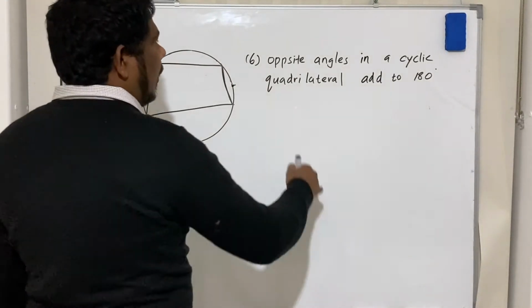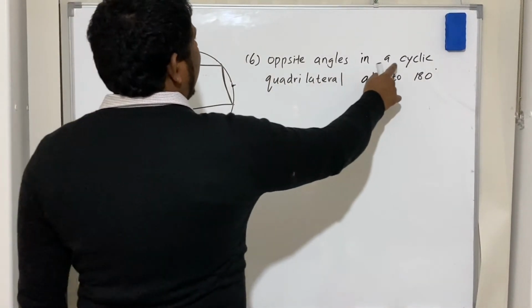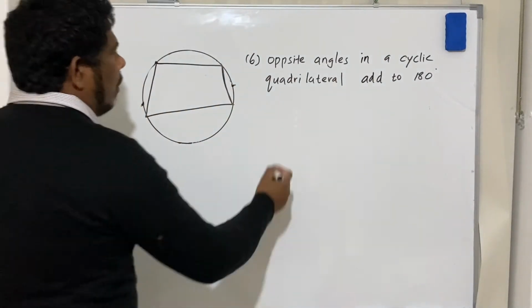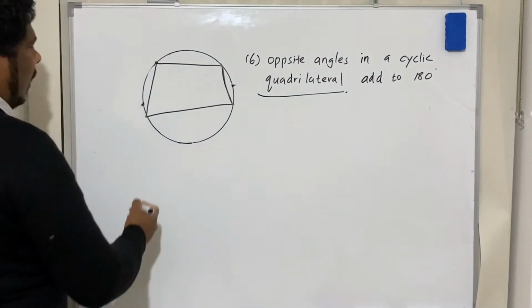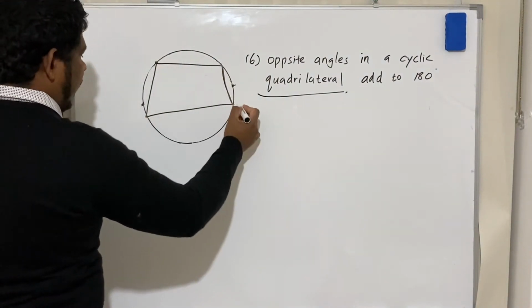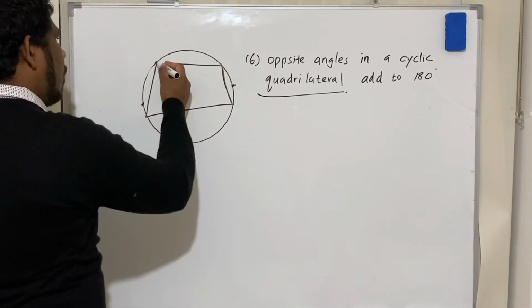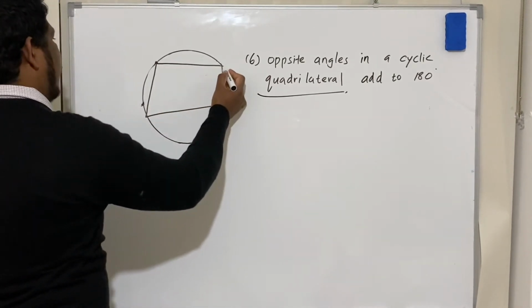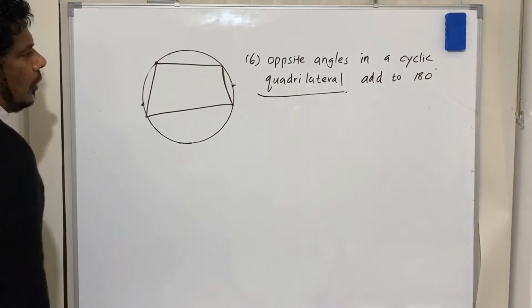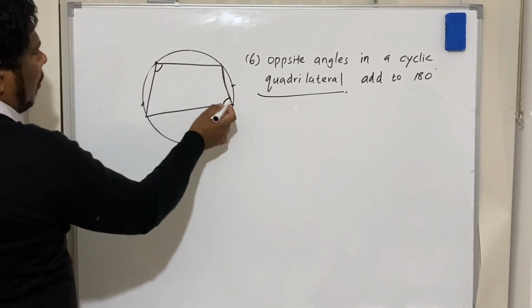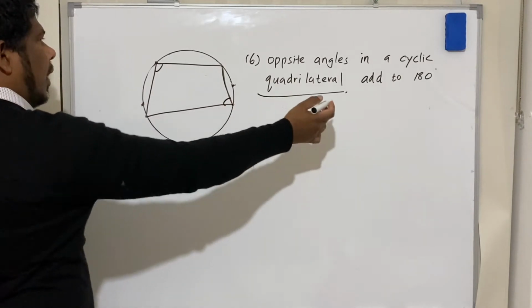The sixth law is opposite angles in a cyclic quadrilateral add to 180. A quadrilateral is a four-sided shape. It's inside the circle and all of the corners touch the circumference. So this is the cyclic quadrilateral. The sum of the opposite angles of this quadrilateral is 180.